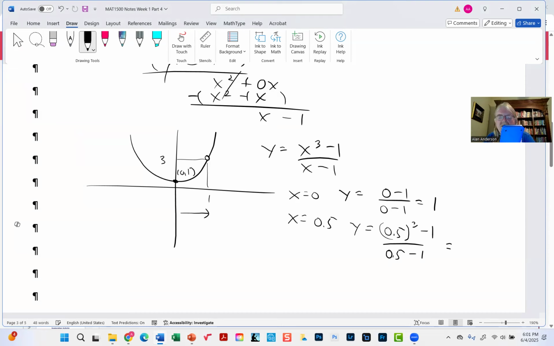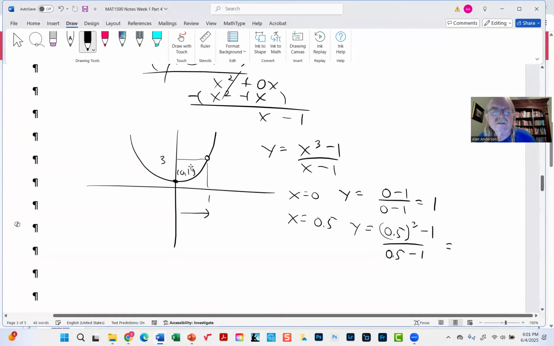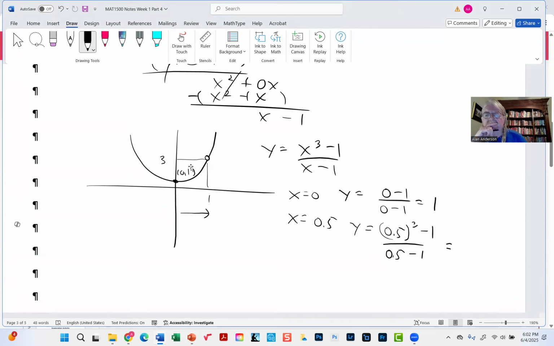I did something wrong. Negative 0.58, it looks like. No, that can't be right. It's positive 0.58.